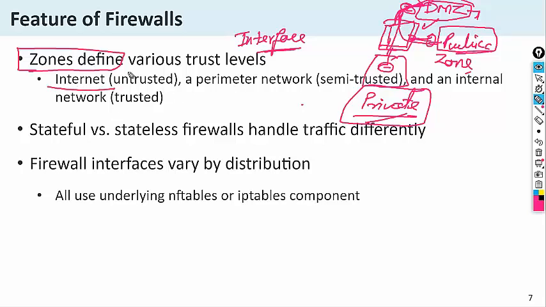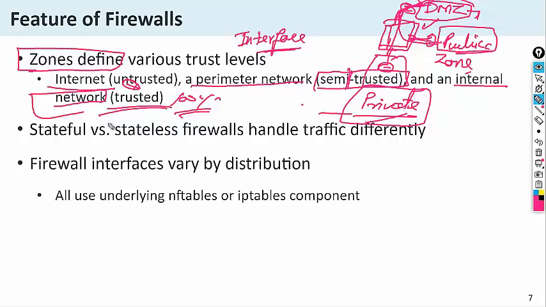Internet is untrusted traffic. You cannot trust that. But the perimeter DMZ zone is semi-trusted. You can trust some types of traffic, not all types of traffic. Internal network means your home network, your private network, is 100% trusted.